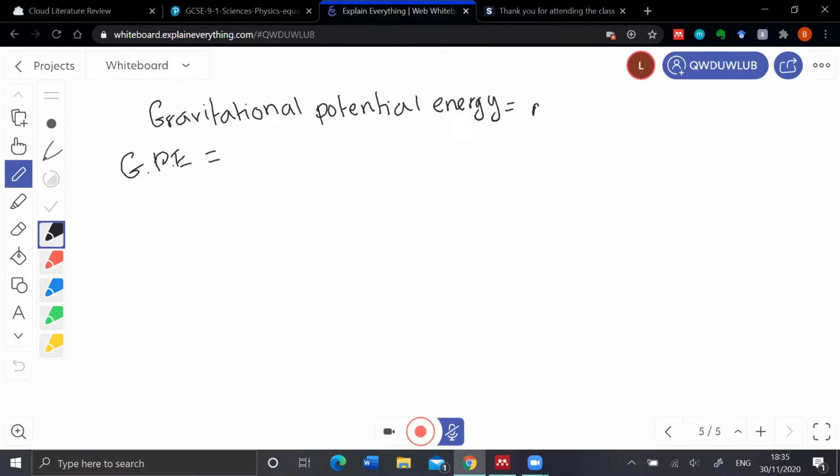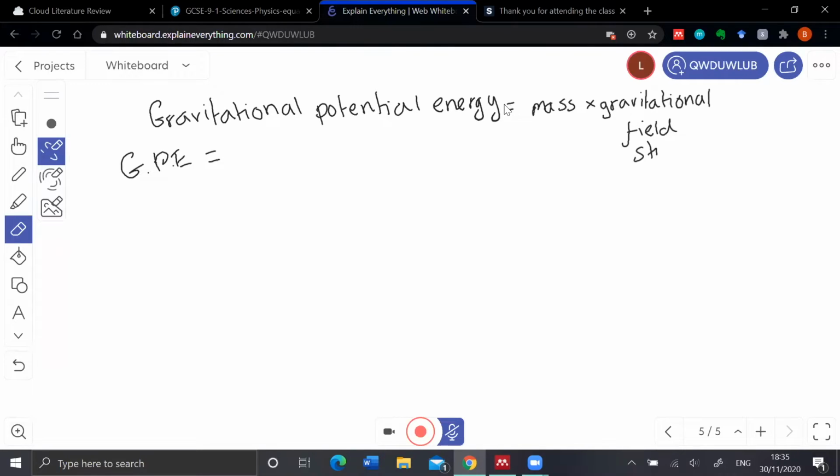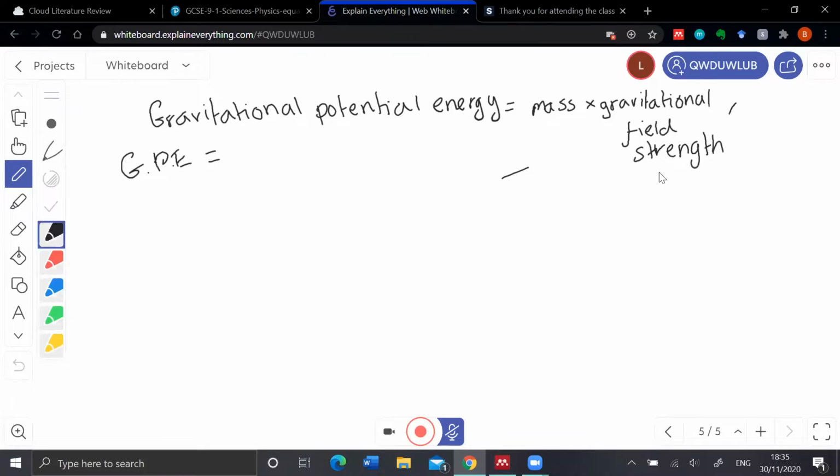So it's mass times gravitational field strength from before times a change in height.